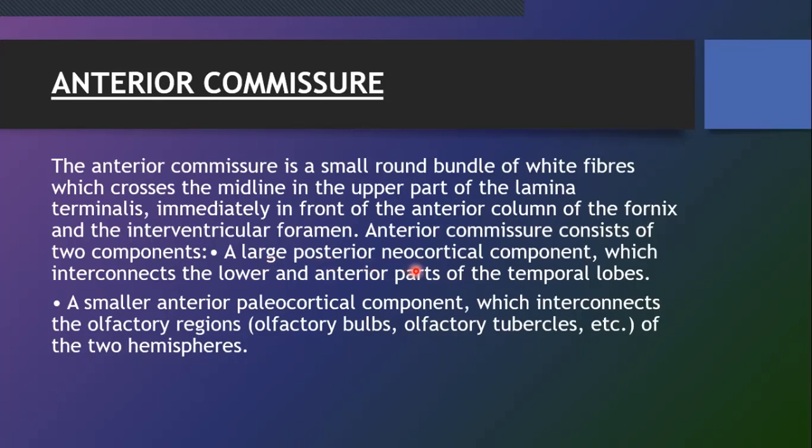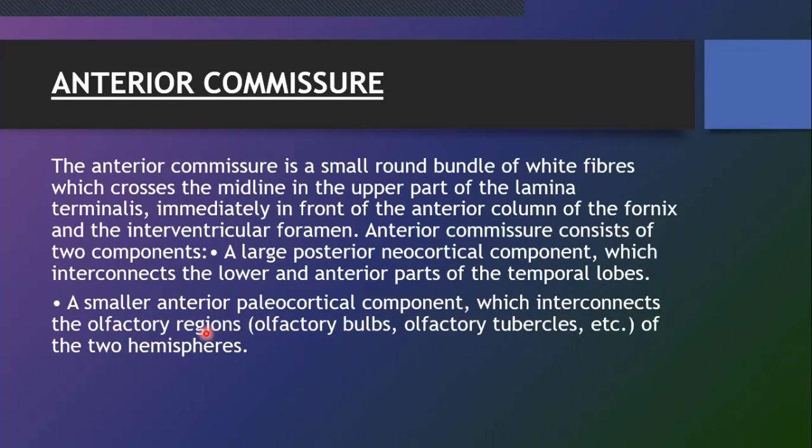This larger posterior neocortical component usually connects the lower and the anterior parts of the temporal lobes, which are neocortical in nature, if I can say like that. And it also has a smaller anterior paleocortical component, which interconnects the olfactory regions.